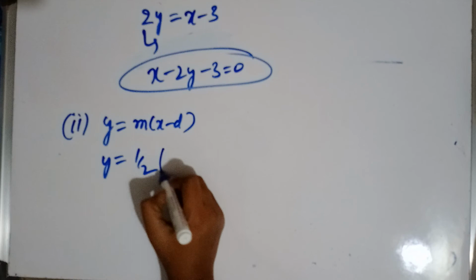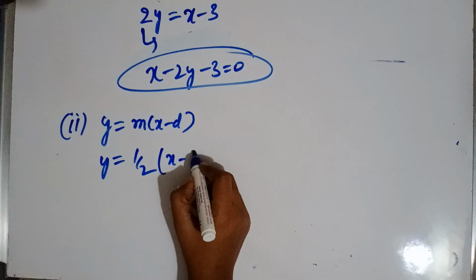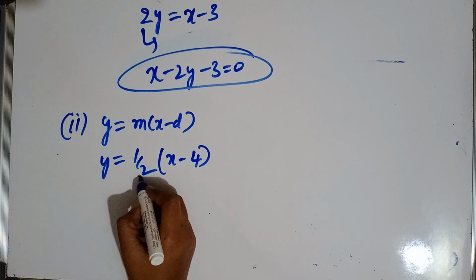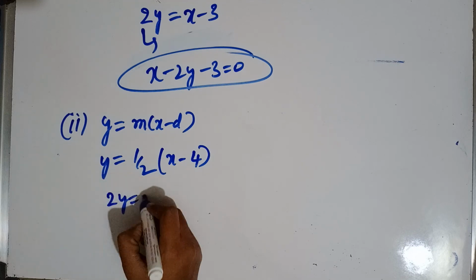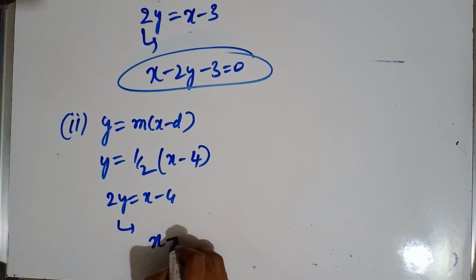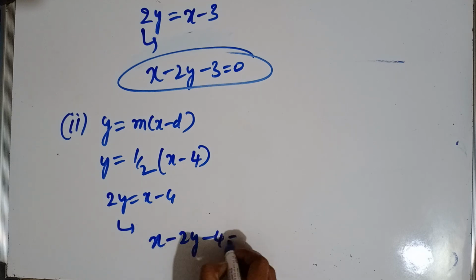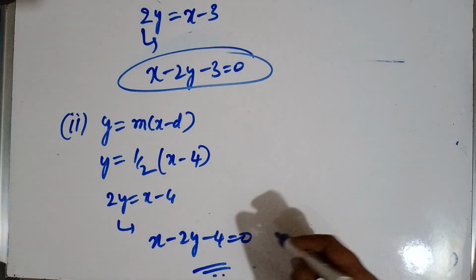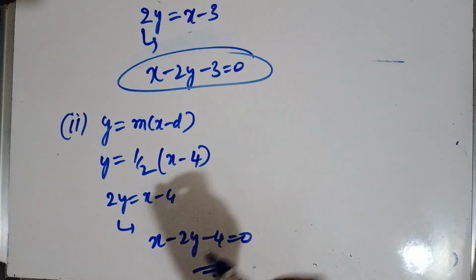So m is 1 by 2 and d is 4. Now further simplifying this, cross multiply, what you will get? 2y is equal to x minus 4. Take this term to the RHS. x minus 2y minus 4 equal to 0. This will be the equation of the straight line which makes x-intercept 4.